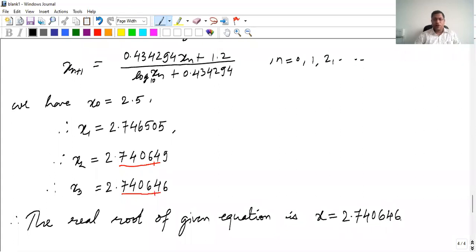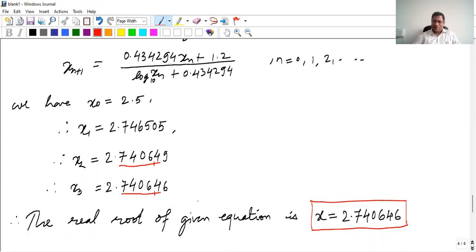It is better to write more digits. We are supposed to write at least 4 digits, but I'm asking you to write more so that the reader will understand that you calculated it and you know it perfectly.